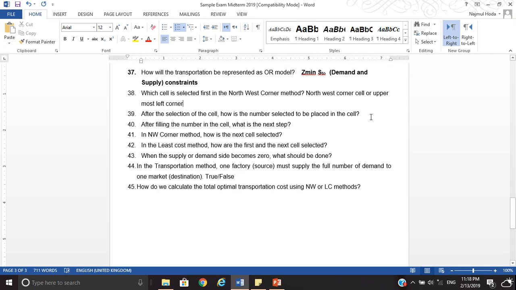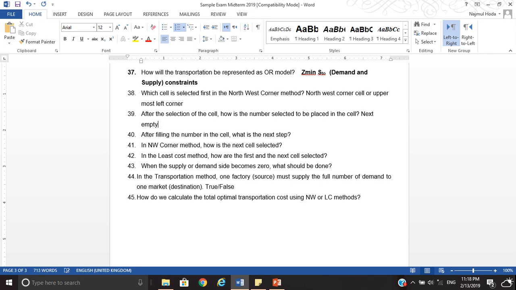After the selection of the cell, how is the number to be placed in the cell selected? You look at the demand and supply, and select the lesser number.